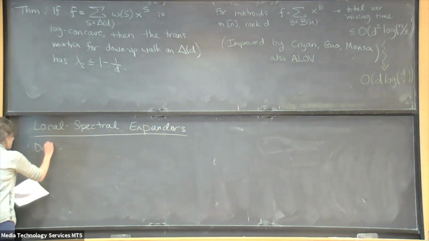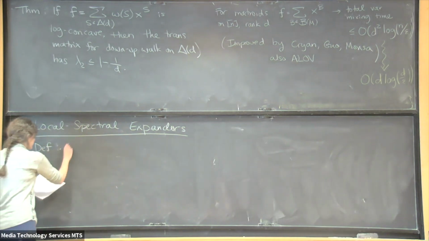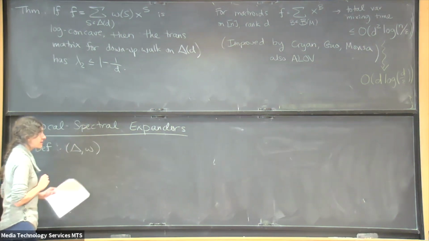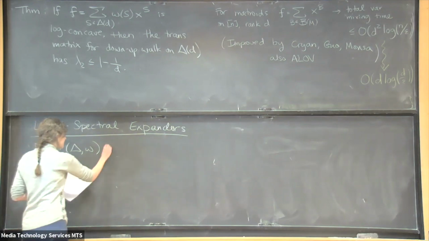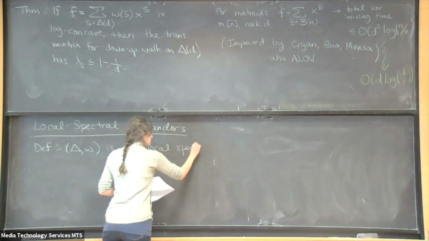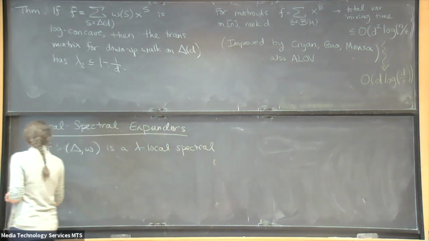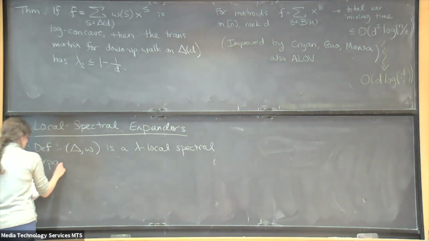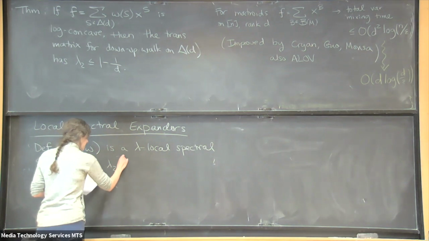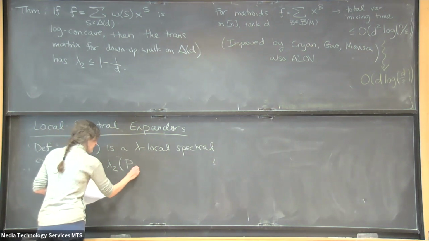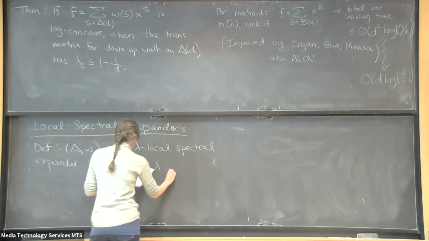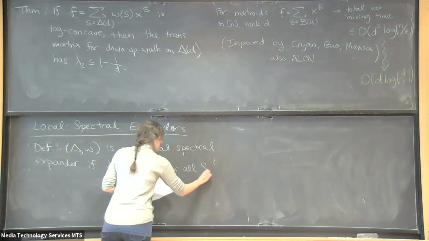which I will attempt to define. We take a weighted simplicial complex, exactly as I've set up, and say this is a lambda local spectral expander if the second eigenvalue of some matrix is at most lambda for all faces.